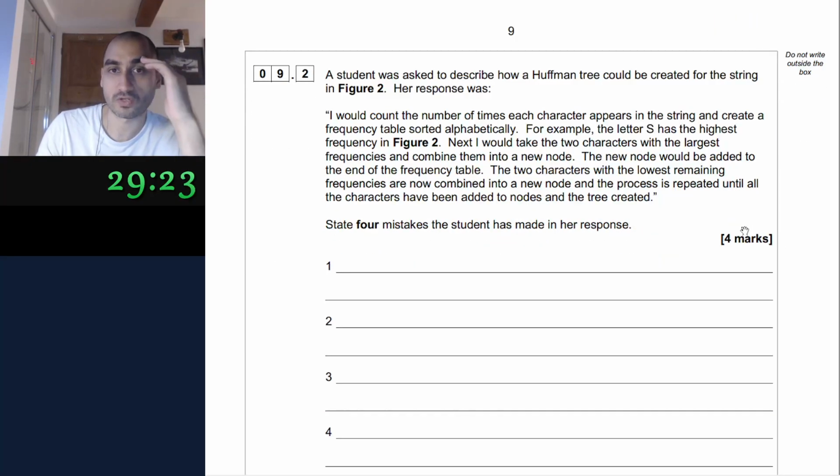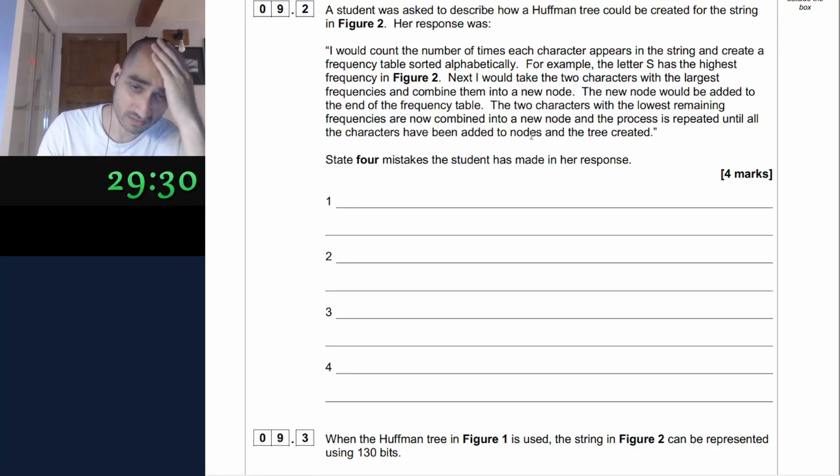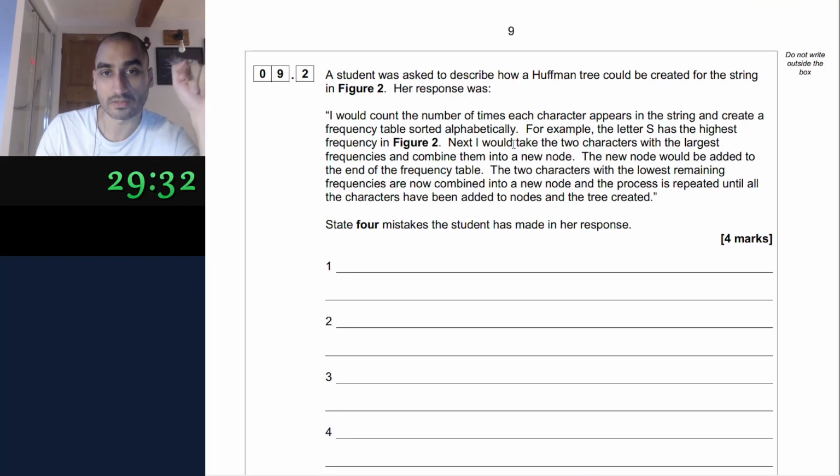Student was asked to describe how a Huffman tree could be created for the string in figure 2. Her response was, oh man, got to find 4 mistakes. Okay, I would count the number of times each character appears in the string and create a frequency table sorted alphabetically. Okay, I'm fine with that.